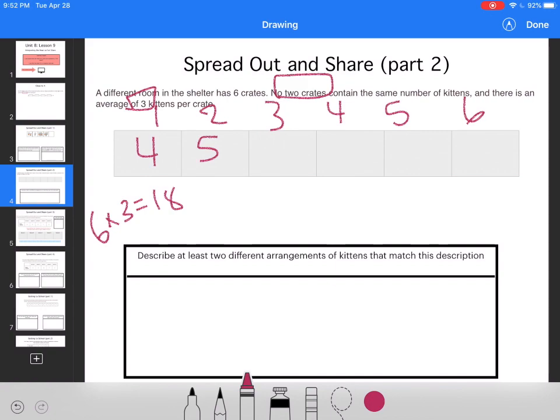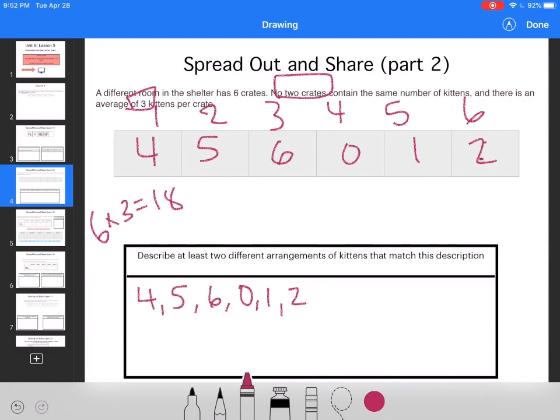So I know that 9 plus 6 is going to give me 15, and I'm trying to get to 18, so that could be 0, 1, 2. So that would be 9, 15, 16, 17, 18. So that would be one way I could do it.